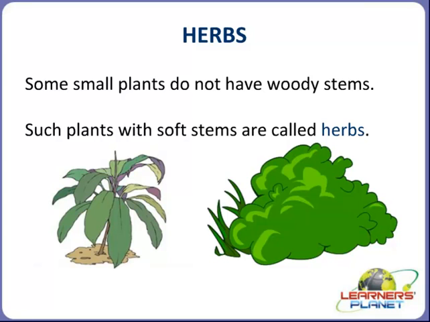The third type of plant which we are now going to study is a herb. Children, some small plants which do not have woody stems and the plants with the soft stems are called as herbs.